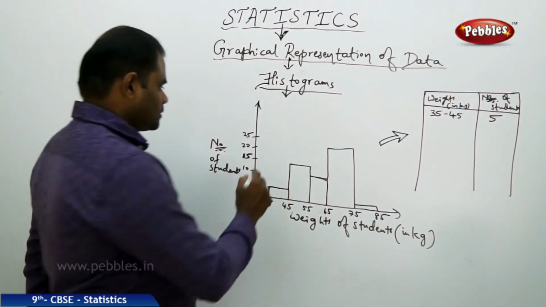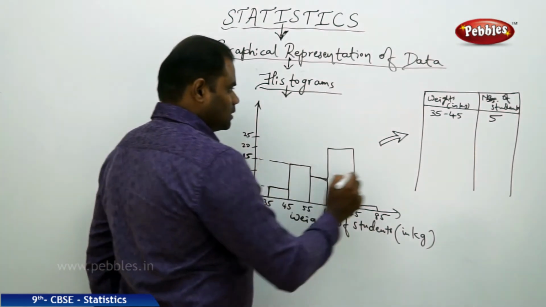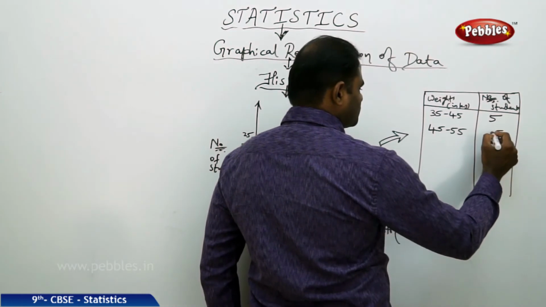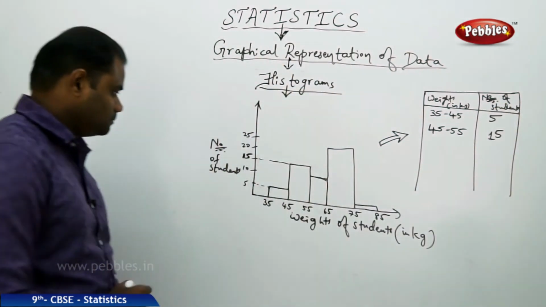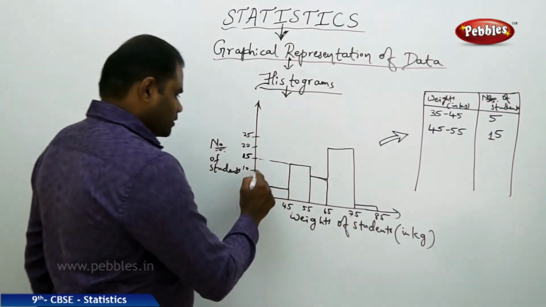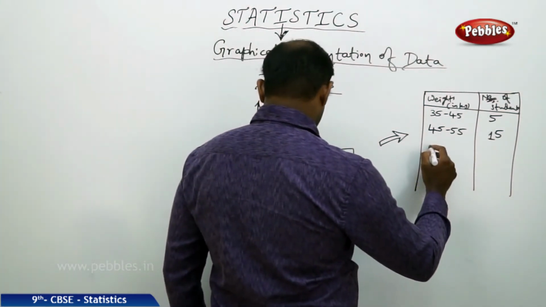45 to 55, there are 15 students who lie in this range. 55 to 65, there are 10 students who lie in this range.